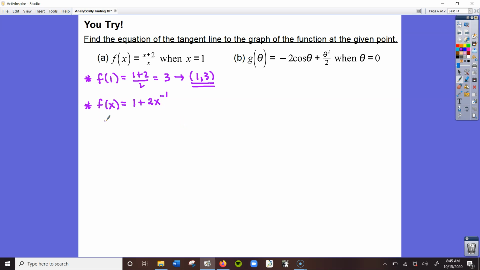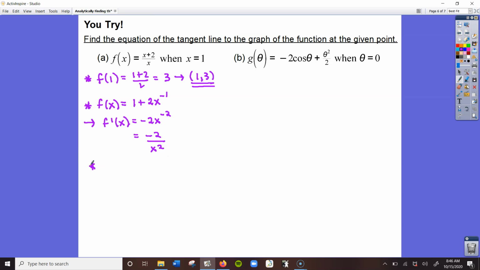So this is f of x, meaning I can now find f prime of x, which is equal to, now the derivative of 1 is 0, and then the derivative of 2x to the negative 1 is negative 2x to the negative 2, which for our purposes, since we're going to be plugging in a number, I'm going to want to rewrite that with only positive exponents. So this would be negative 2 over x squared.